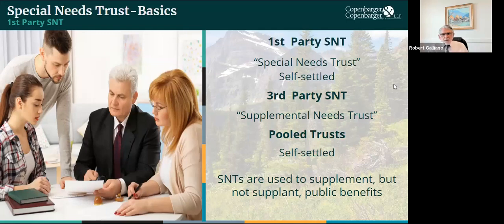There are three basic, I'll call it, types of special needs trusts. The first one is called the first party trust. The terminology for a first party trust also sometimes is called the self-settled trust. Then we have the other category called the third party special needs trust.